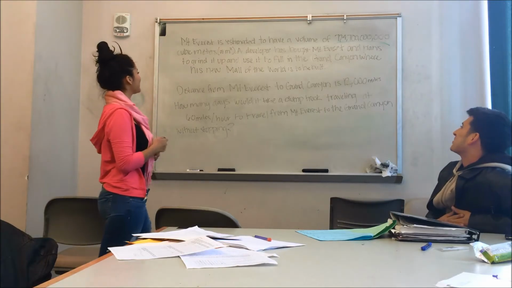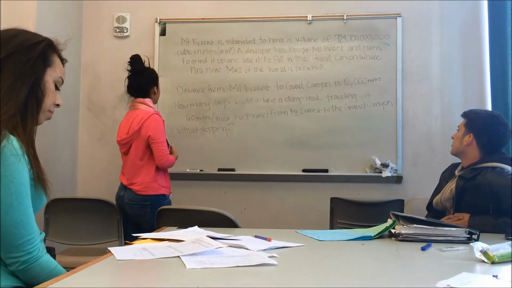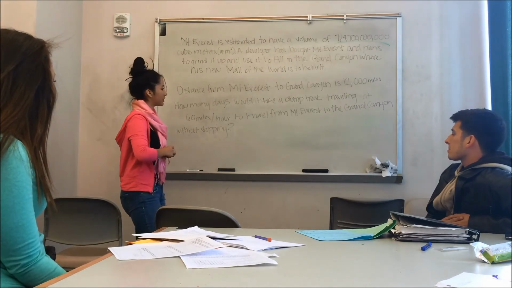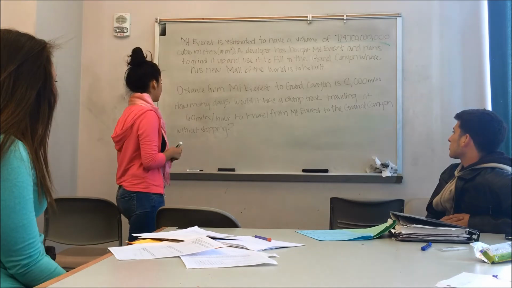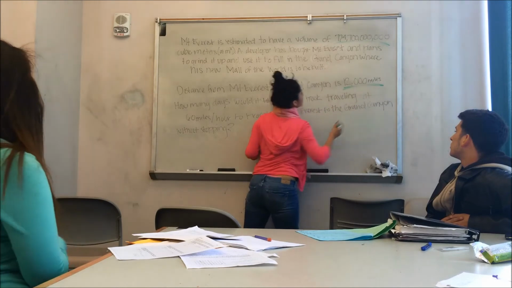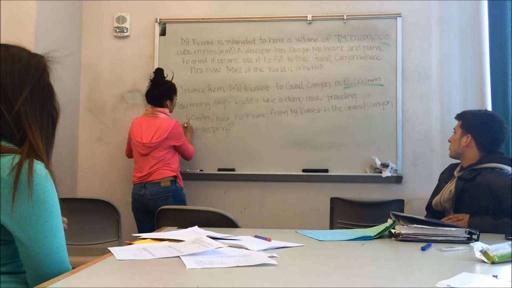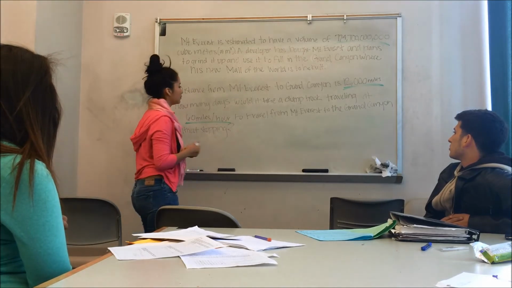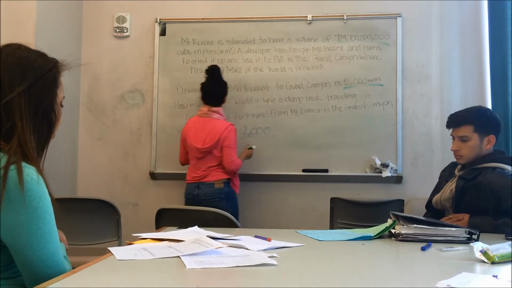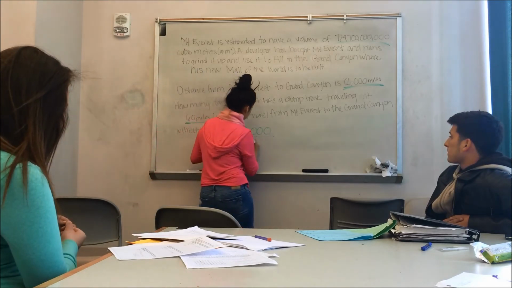Okay, so the other part of the problem is asking: the distance from Mount Everest to the Grand Canyon is 12,000 miles. How many days would it take a dump truck traveling at 60 miles per hour to travel from Mount Everest to the Grand Canyon without stopping? So they told us that it's 12,000 miles away, and that each dump truck would be traveling at 60 miles per hour, so what you would have to do is divide it.